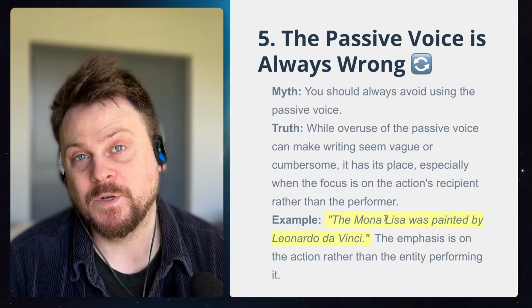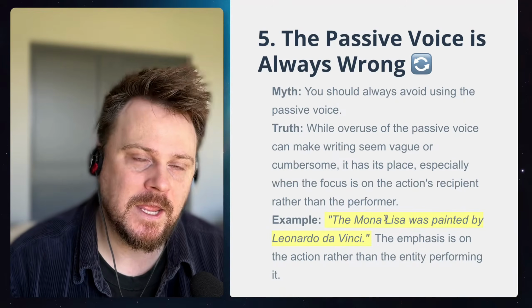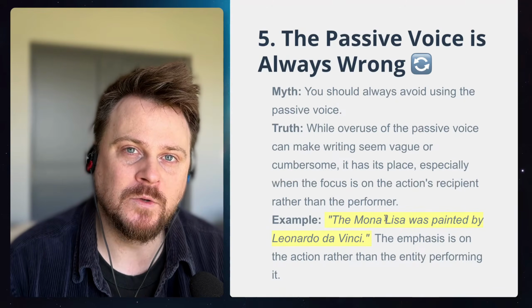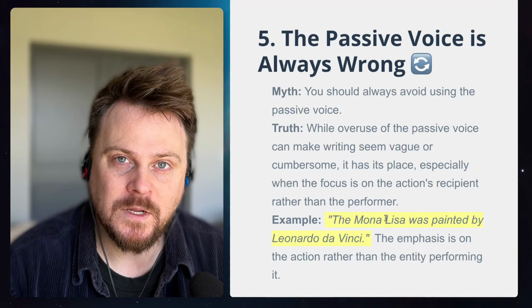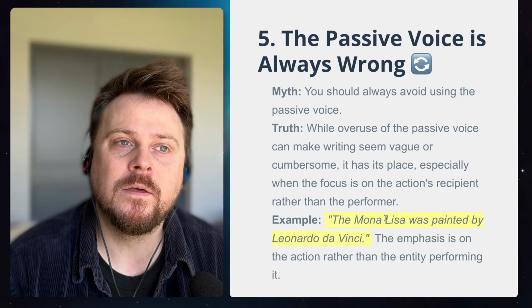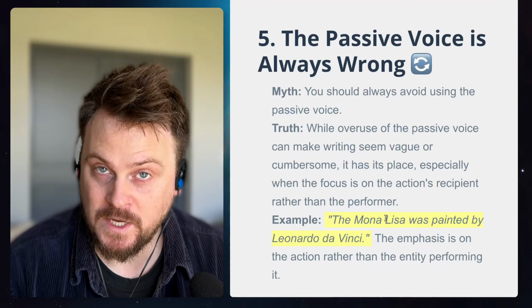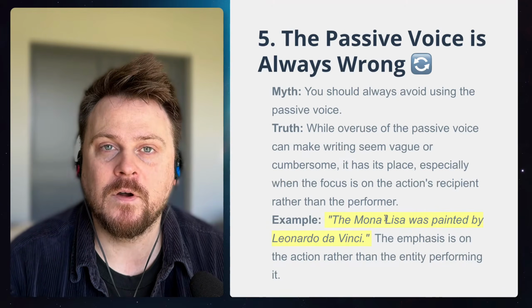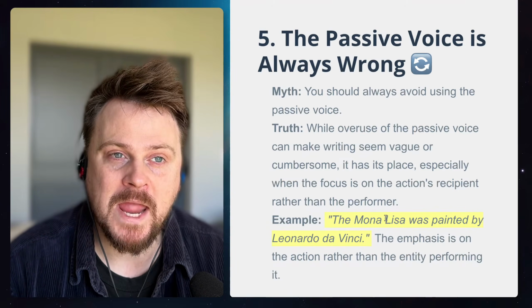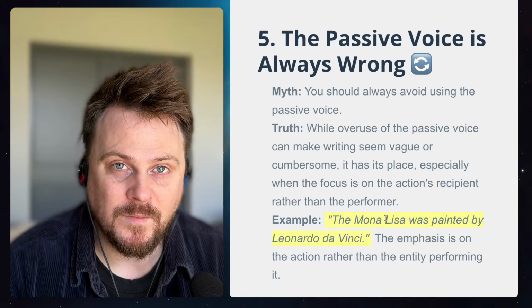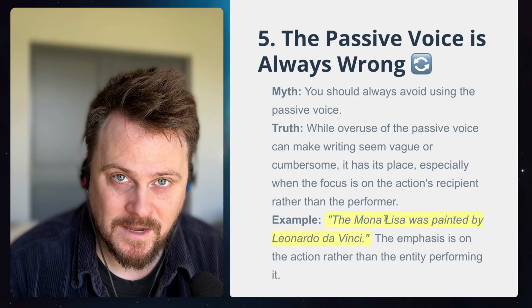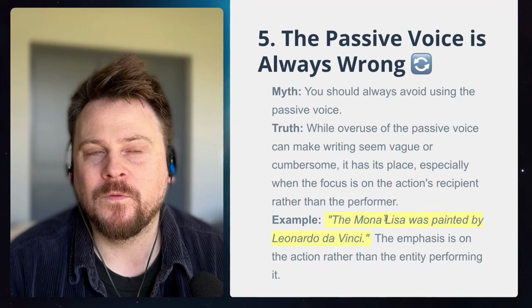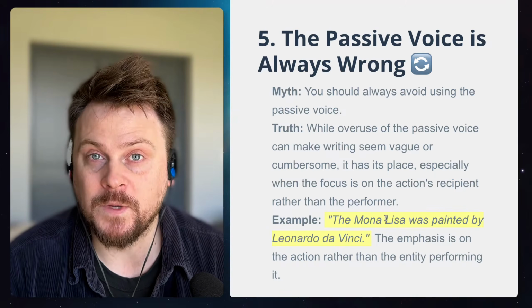Which is active and which is passive? Ken is the subject, the one doing the action. Robbed, verb. The bank, object. The object, we could say, kind of receives the verb. Now, if we say the bank was robbed by Ken, then now we're changing the phrasing a little bit.